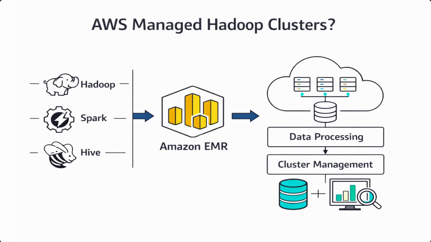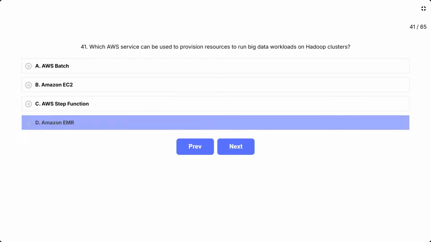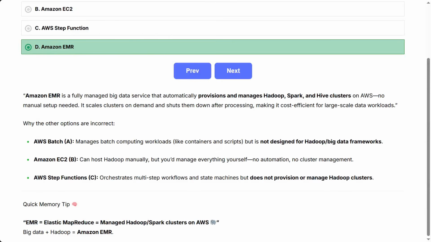In simple terms, which AWS service manages Hadoop clusters for processing large data sets? The correct answer is D, Amazon EMR. Amazon EMR is a fully managed big data service that automatically provisions and manages Hadoop, Spark, and Hive clusters on AWS, no manual setup needed. It scales clusters on demand and shuts them down after processing, making it cost-efficient for large-scale data workloads.